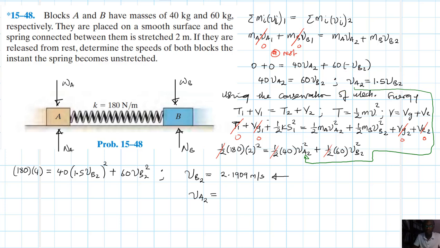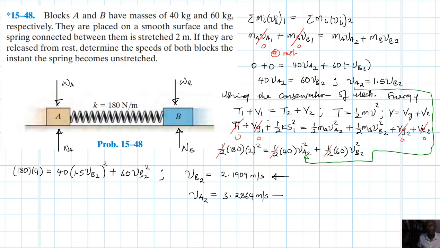This is just 1.5 times vB2, which is 2.1909, and this is equal to 3.2864.